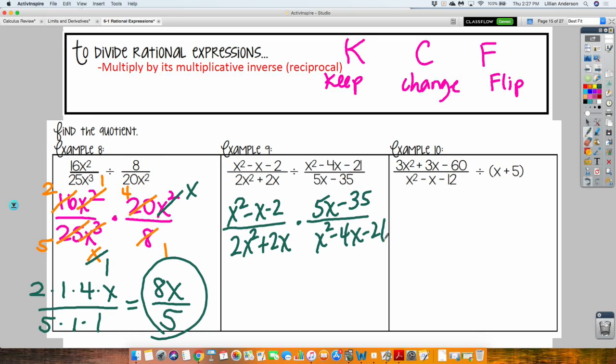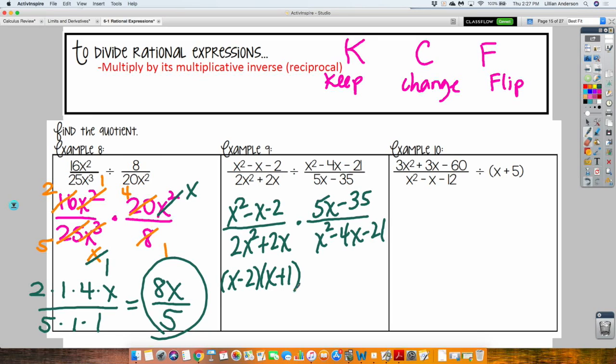And we're going to simplify by factoring. I have x squared minus x minus 2. How does that factor? I have x minus 2, x plus 1. If anybody needs to see me do the x, just let me know, okay?